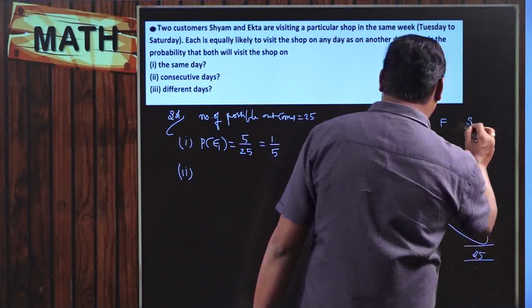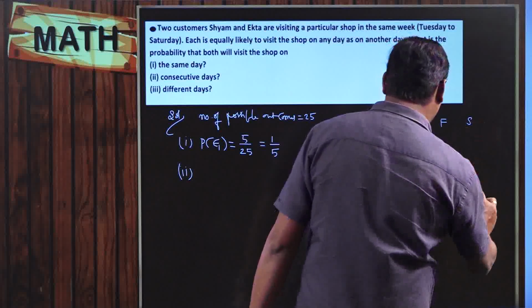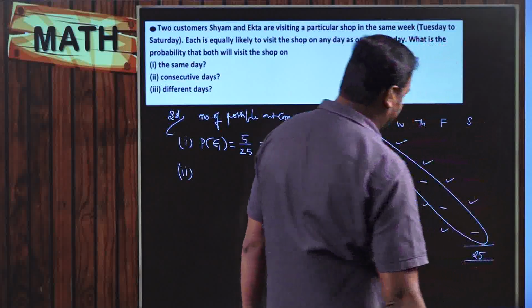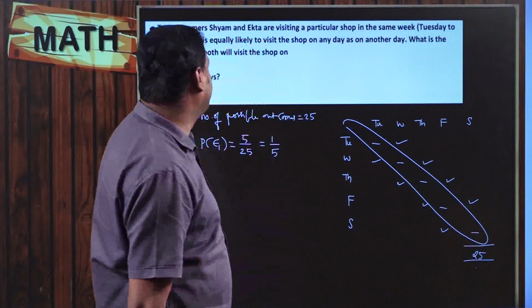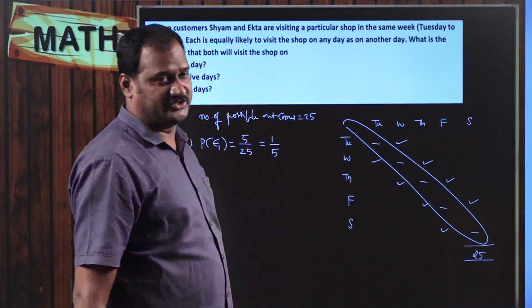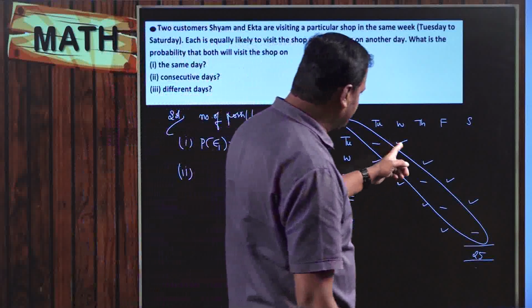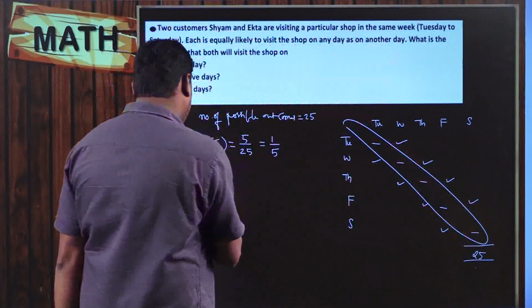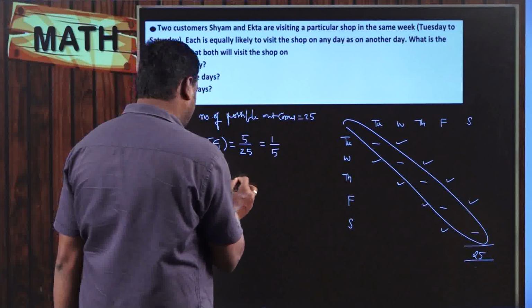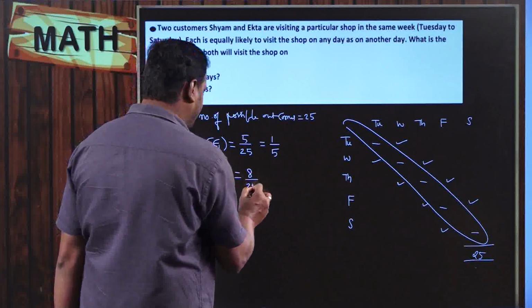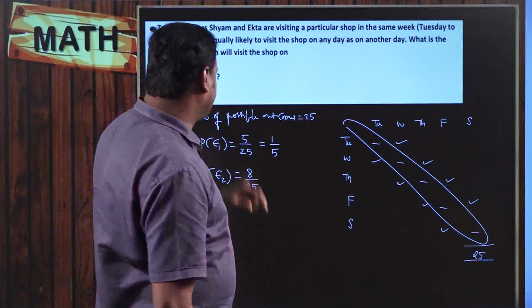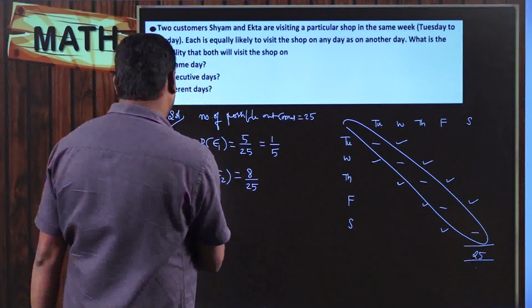And then Friday, Saturday and Saturday, Friday will also come under consideration. So how many outcomes are consecutive days? They are 1, 2, 3, 4, 5, 6, 7, 8. So the probability of getting the event is equal to 8 divided by 25. That is on consecutive days.